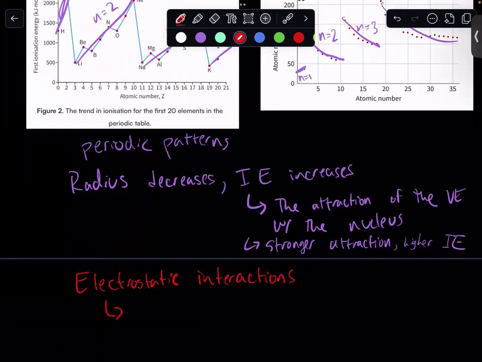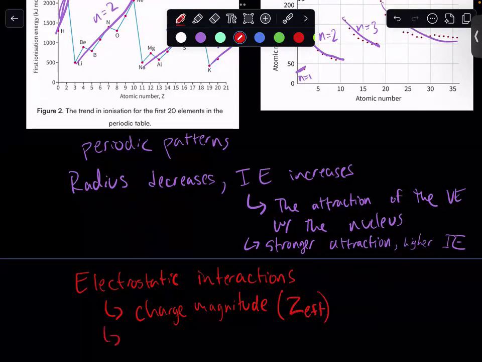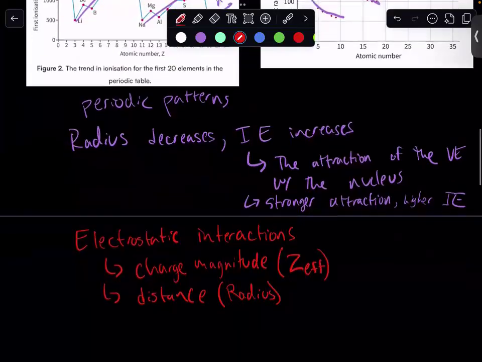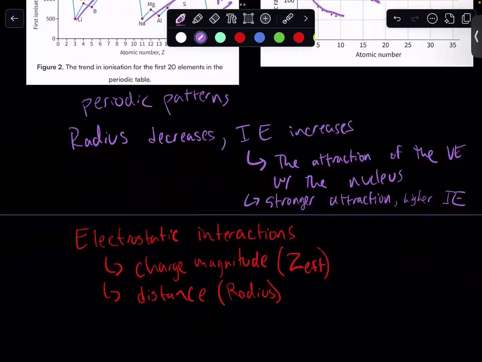which are based on two things, the charge magnitude, in our case the effective nuclear charge, and the distance, in our case the radius. So if we want high interactions, we need two things.